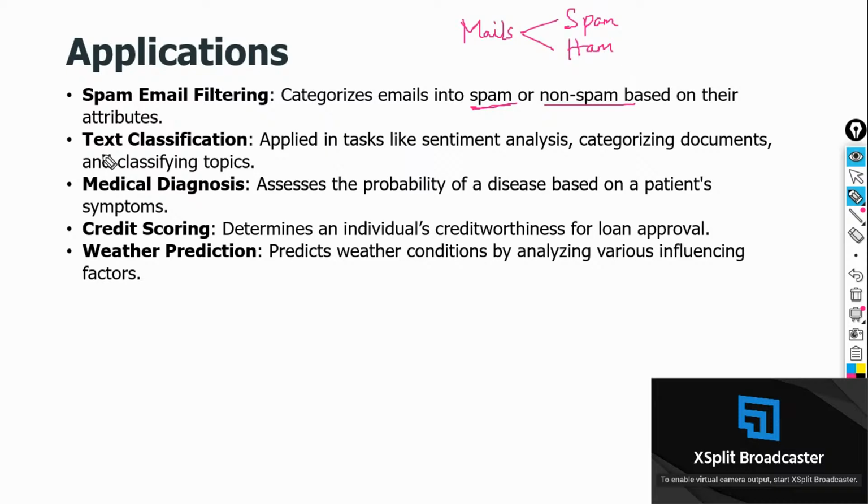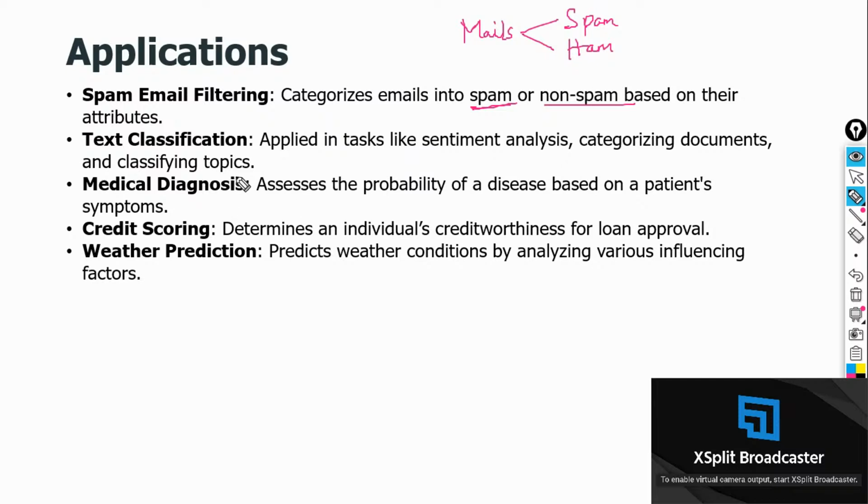Then if you have a text classification use case, if you want to classify the text, you can also do tasks like sentiment analysis, categorizing documents, classifying topics. Yes, we can use Naive Bayes.